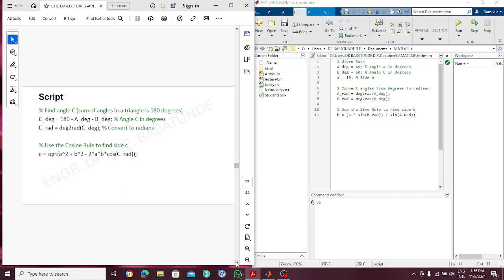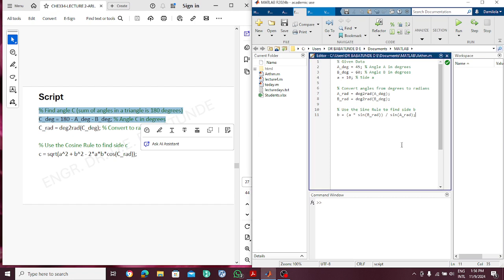So we move to the part that is going to solve for C. We already said that to find angle C in degrees, we subtract the sum of A and B from 180 degrees. That gives us the value of C in degrees.